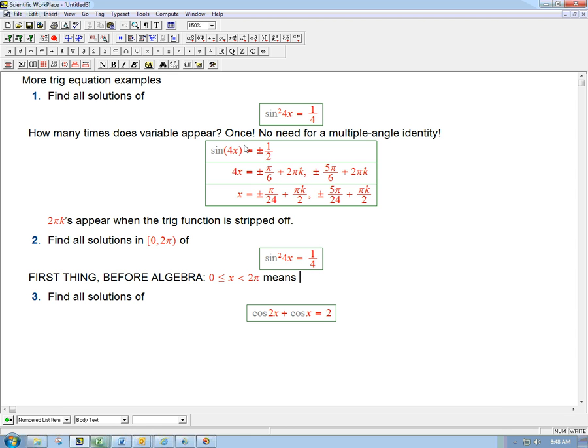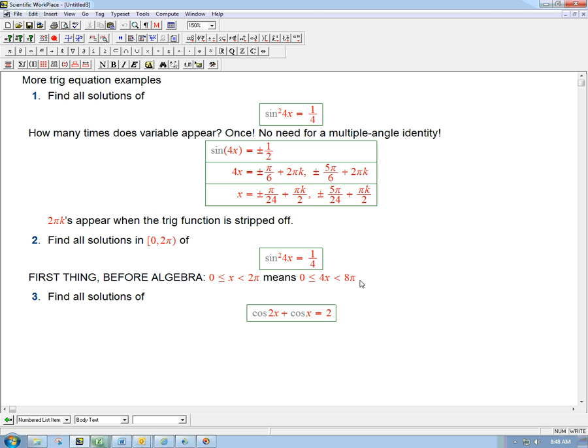Because you notice that was what popped out when we went to the unit circle and found the correct radian values, 4x, not x. And so it means that 4x is actually going between 0 and 8 pi.